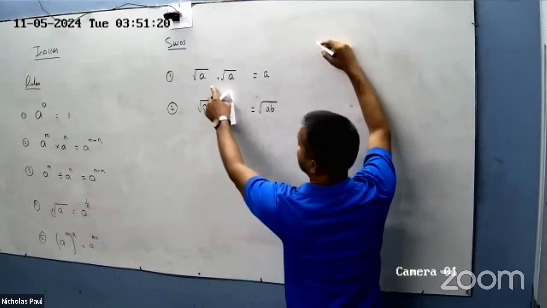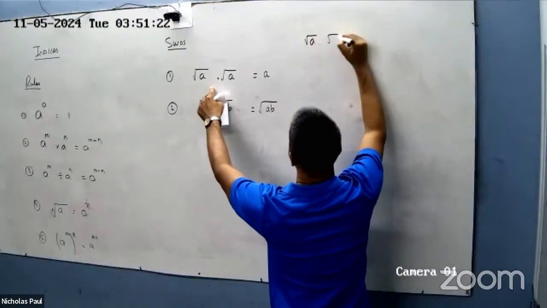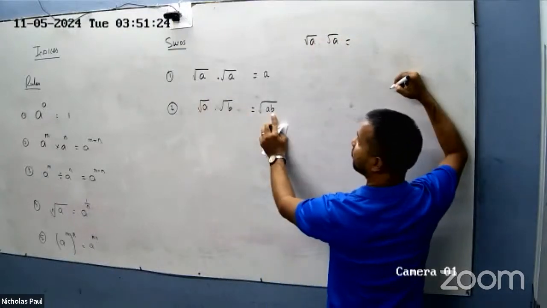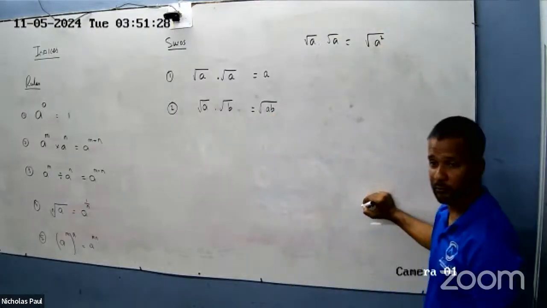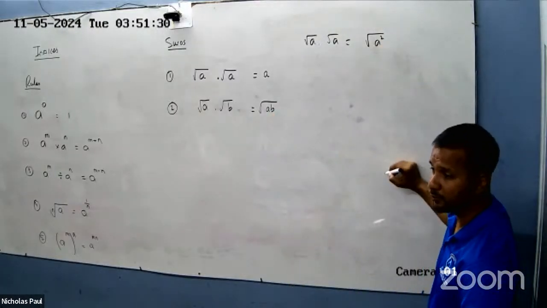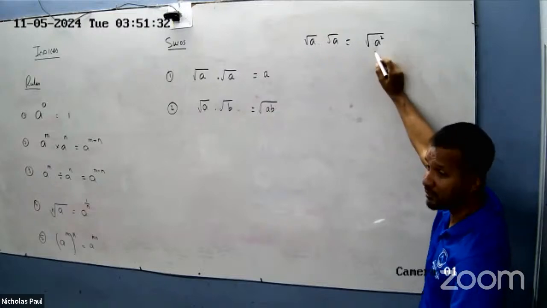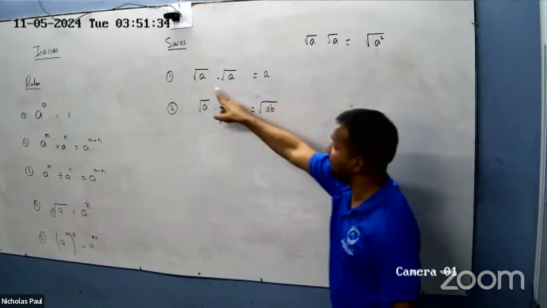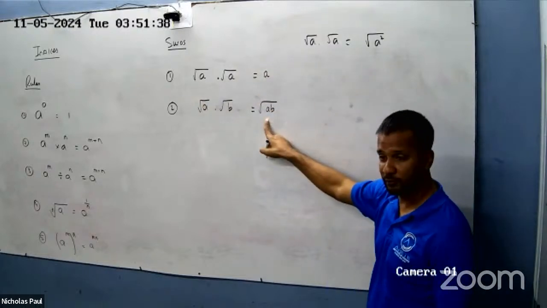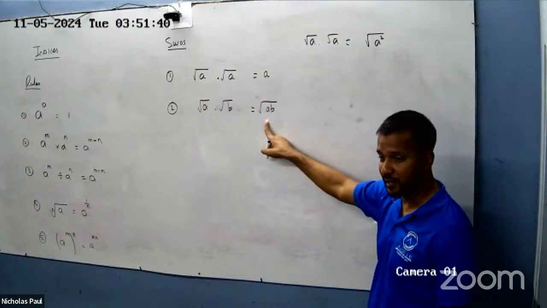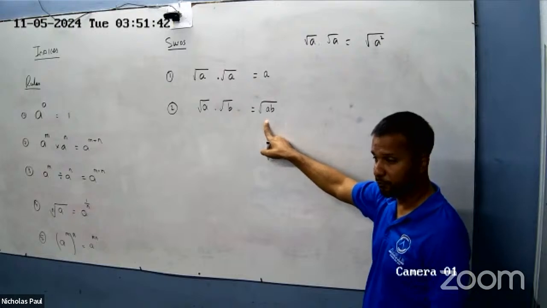So if you multiply root A by root A, based on this rule here, you will get root A squared. You see?